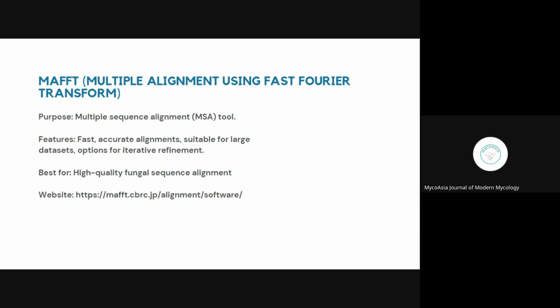It's very fast, it's accurate, because sequence alignment is a critical step in phylogenetic tree construction. If you have so many sequences in your data set, then it might be computationally intensive or challenging. So servers like MAFFT can help you. It will give fast output, accurate output, suitable for large data sets, and the output is high quality.